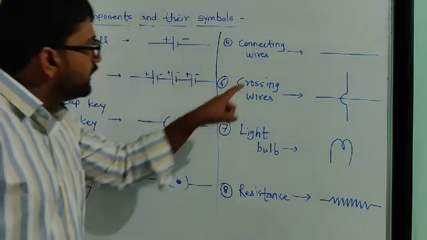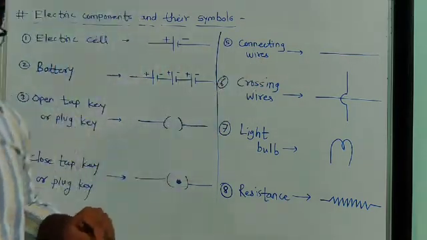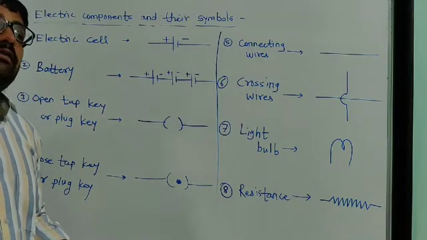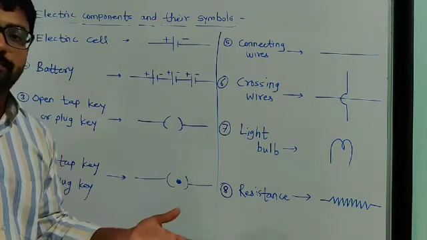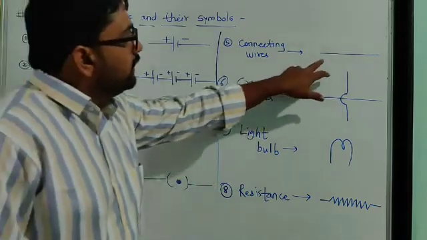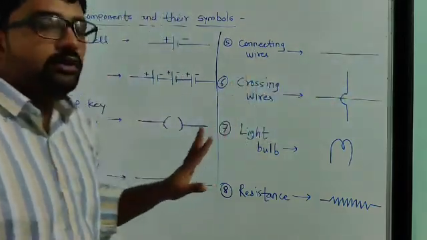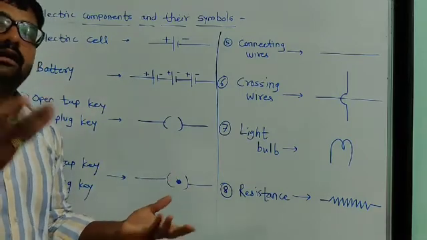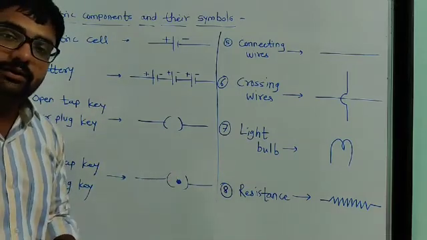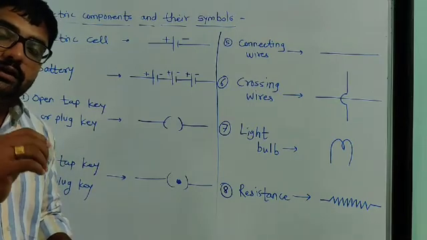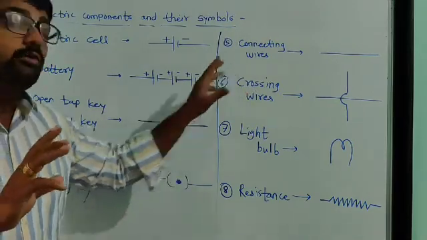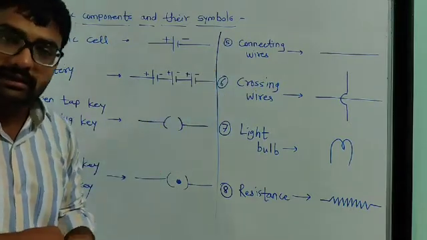Then next is connecting wires. Generally we see a lot of conducting wires in our day-to-day life, present in our homes also. This symbol is used to denote the connecting wires, and the use of connecting wires is simply for the flow of electric current, because they are good conductors of electricity.